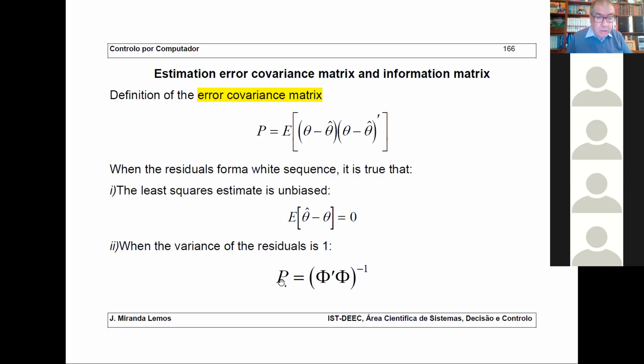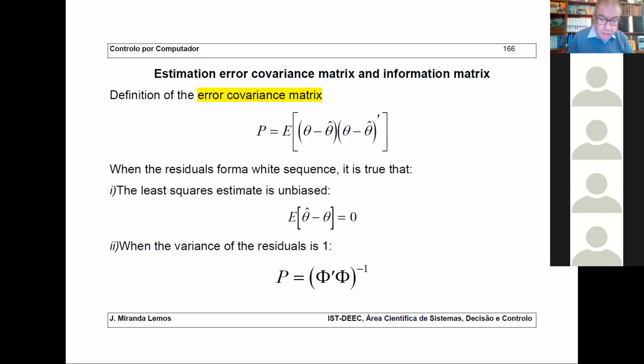So you can compute the error covariance matrix by picking up your matrix of data and computing the inverse of phi transpose phi. These are two important properties. If your sequence is not white, then you have to multiply here by a scaling factor that depends on the noise.